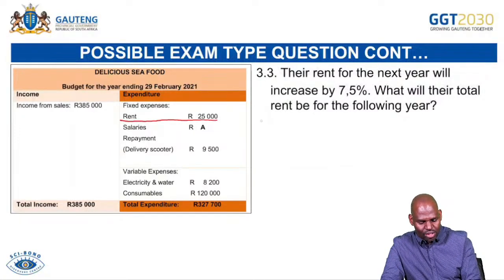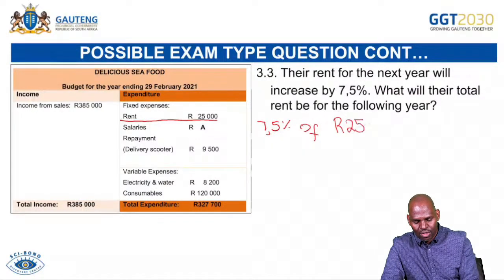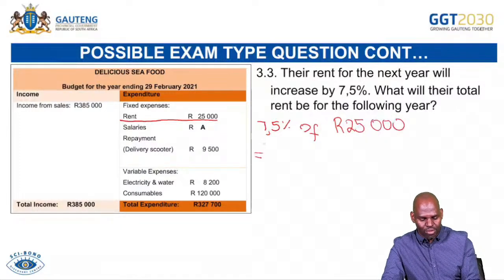We say 7.5% of 25,000, which is the same as 7.5 over 100 multiplied by 25,000.